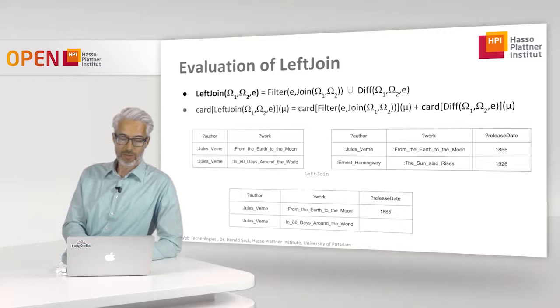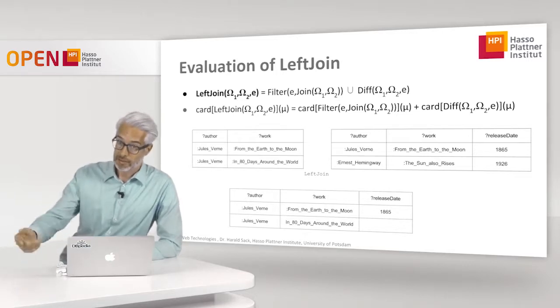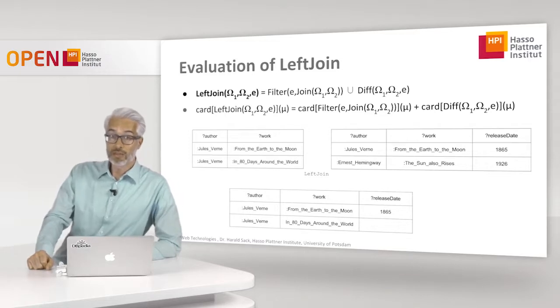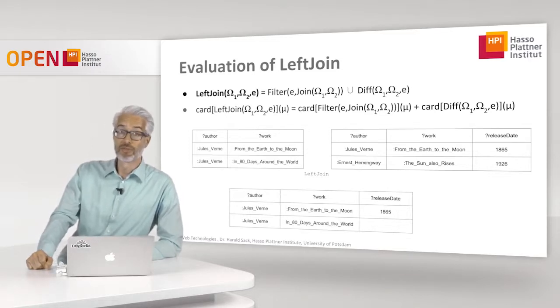And the result of the left join is the filter evaluation of the constraint E and the join of both result sets, omega 1 and omega 2, combined in the sense of a set-based union with the difference of omega 1 and omega 2 with the given constraint.